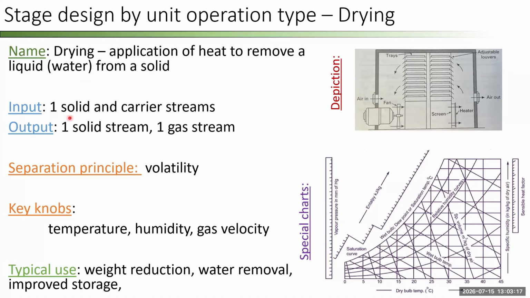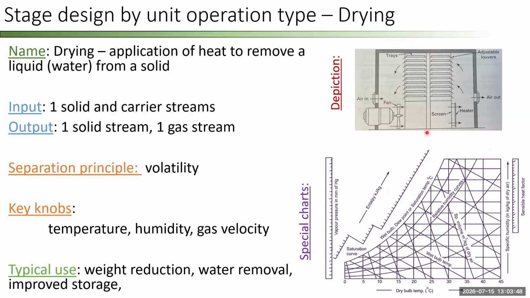So we have one wet solid that goes in, and then we also have a carrier stream, something that's going to carry the water or the other liquid away. So coming out, we have a dried solid stream and a gas stream that has more of the liquid molecules in it than it had to start with.